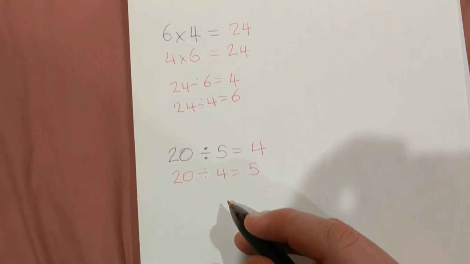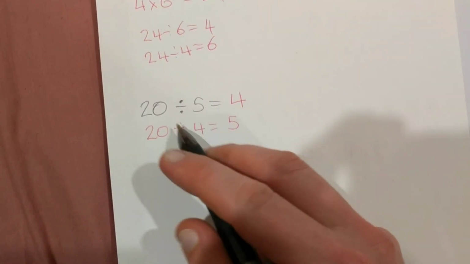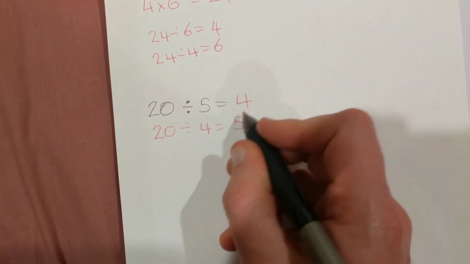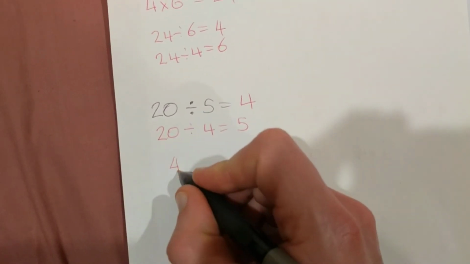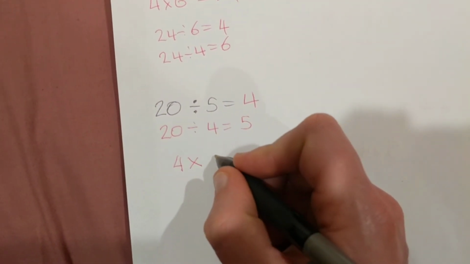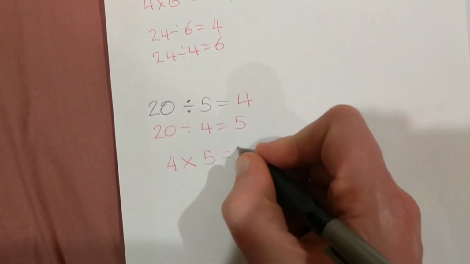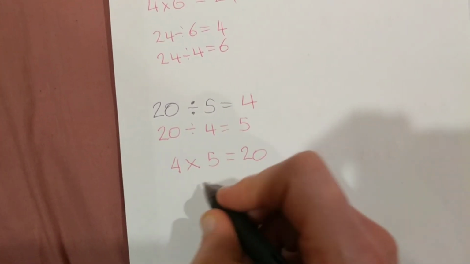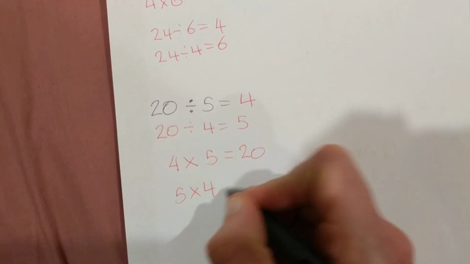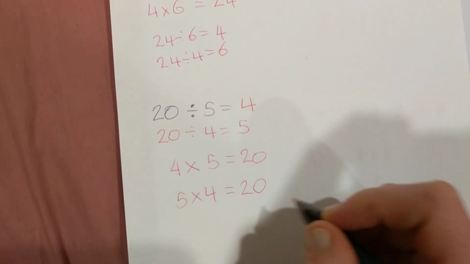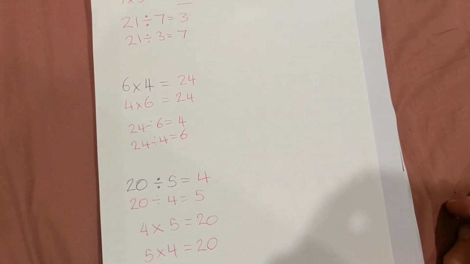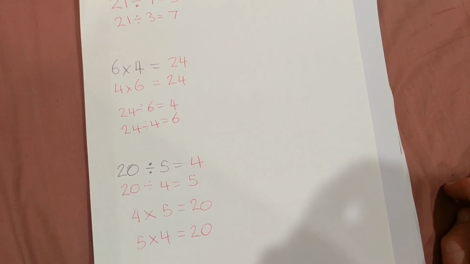And now the inverse or the reverse of these division problems is to take the original answer and times that by the number of groups to get the reverse. So 4 times 5 is 20, and 5 times 4 is also 20. So that's what you're expected to know for this particular task.